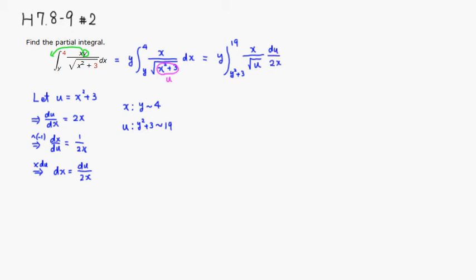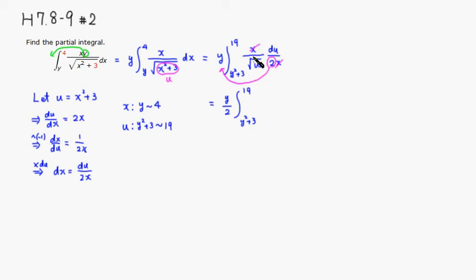So we can cancel x here and x here. 1 over 2 is just a constant, so I'll put it outside, and you will get y over 2 times the integral from y squared plus 3 to 19.